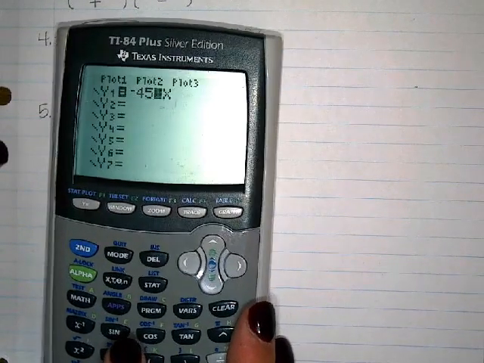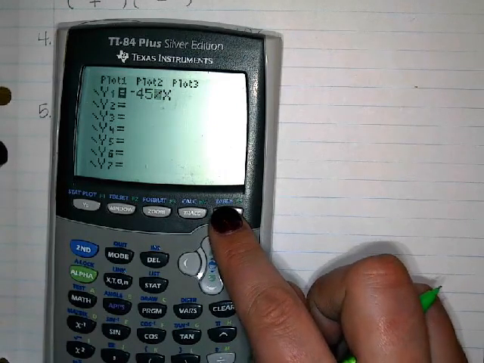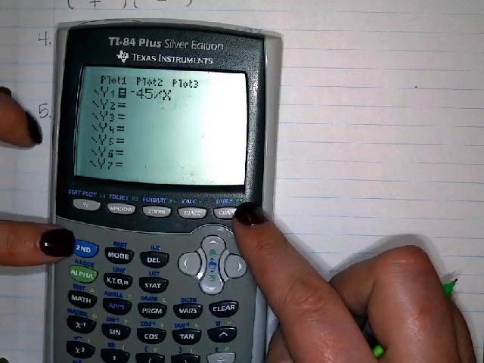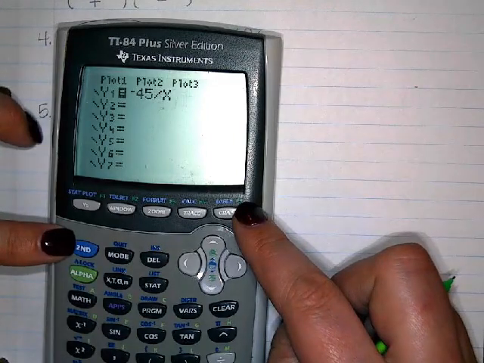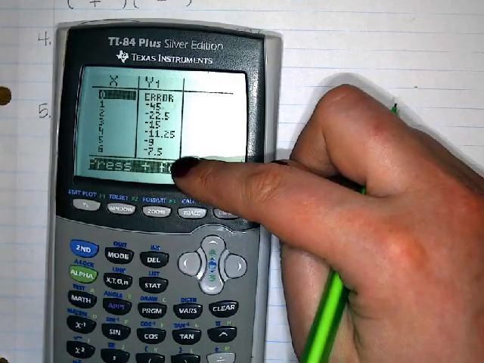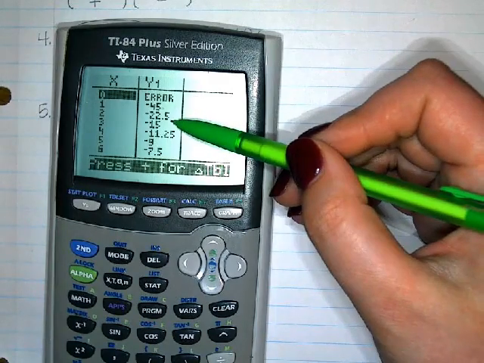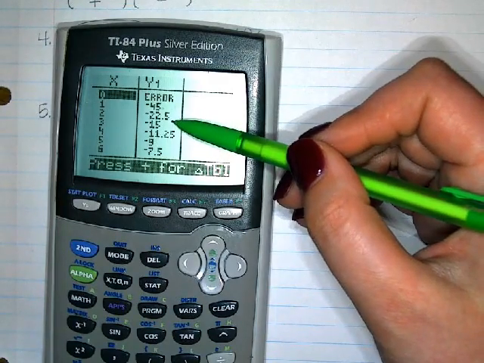We're going to look at the table by typing second graph. That gives us all of our options. When I'm looking at my options, I automatically ignore any option that has a decimal. I only look at my options with whole numbers.